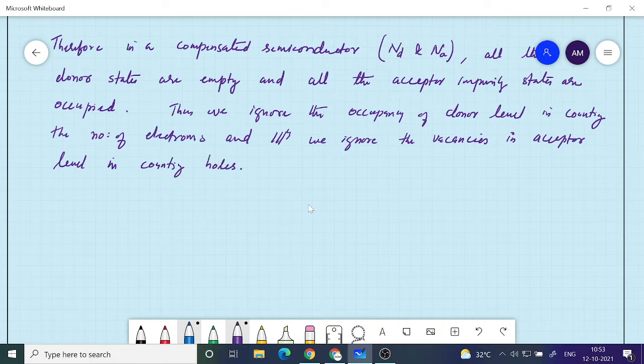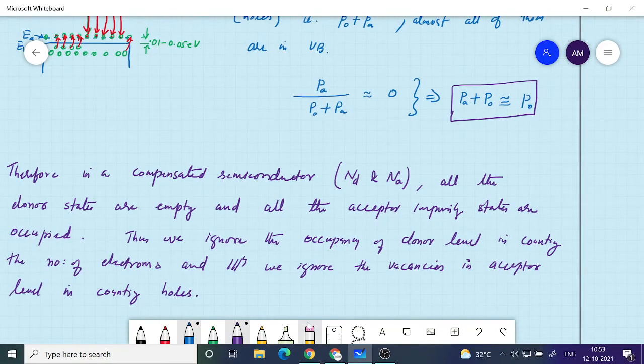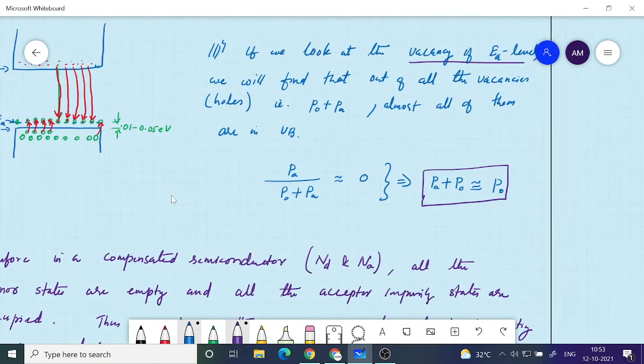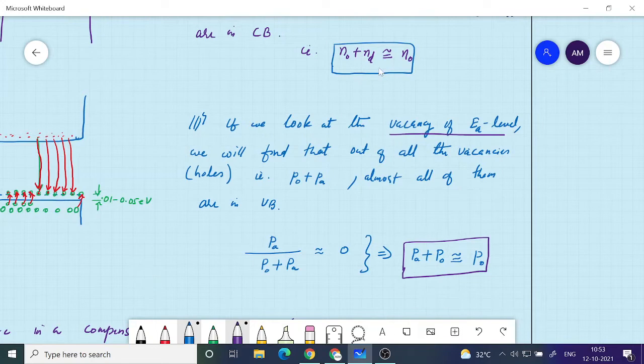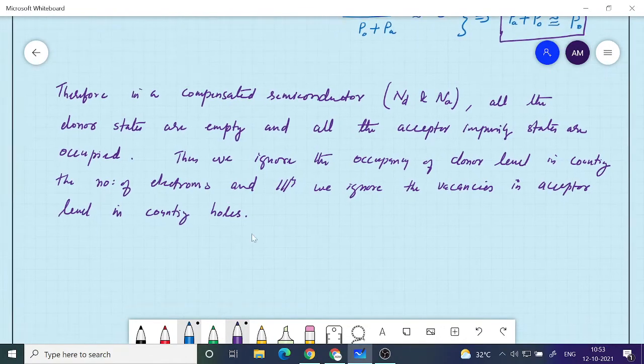Okay, which is a statement form of what I have put in this box. N0 plus Nd is almost N0, and PA plus P0 is almost P0. So it is the same statement that I am making.